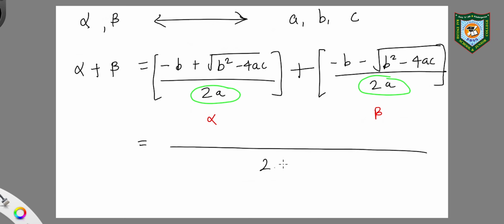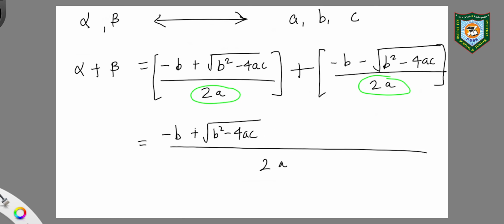So here I have 2a common, and minus b plus under root b square minus 4ac, plus, and now plus into minus is minus, so I'll be directly writing the minus sign.